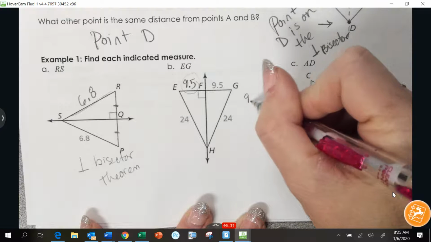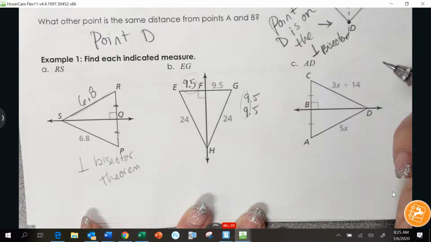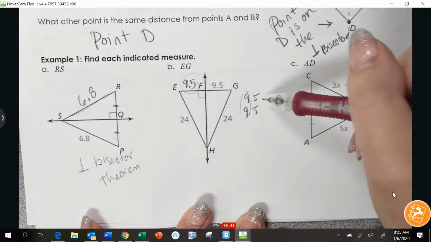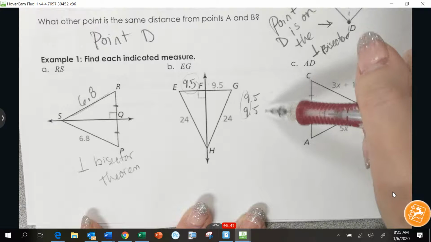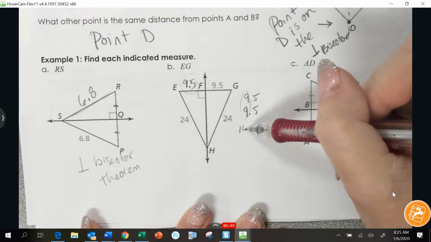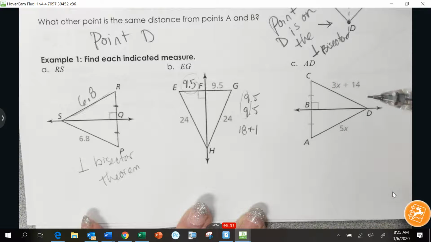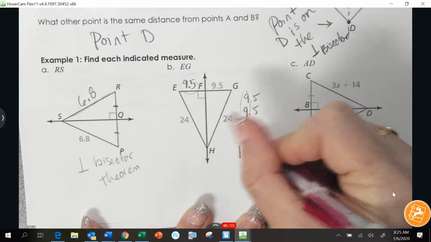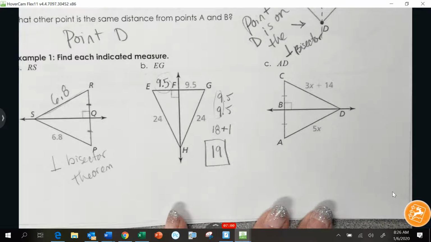So 9.5, we're going to add that together. 9 and 9 is 18. So what's 0.5 and 0.5 give us? Good. All right, and then the third one, AD.